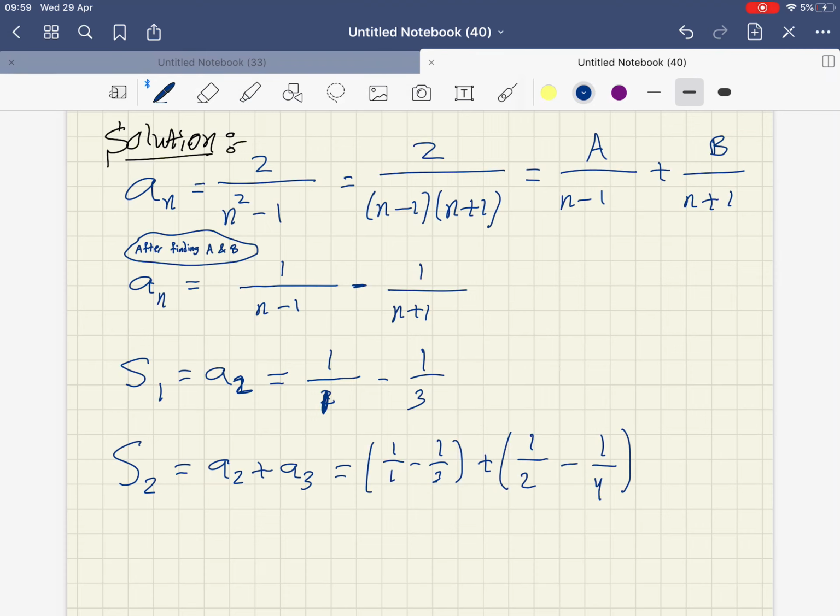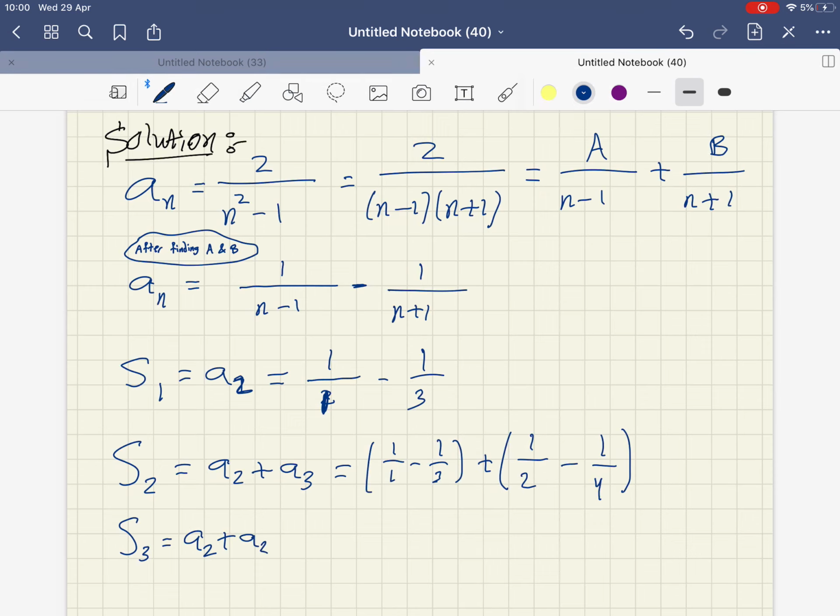Okay. Again, I think we noticed there would be no cancellation here up to this point. It seems no cancellation, but we have to keep going.